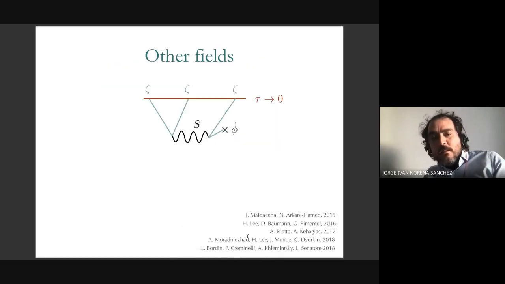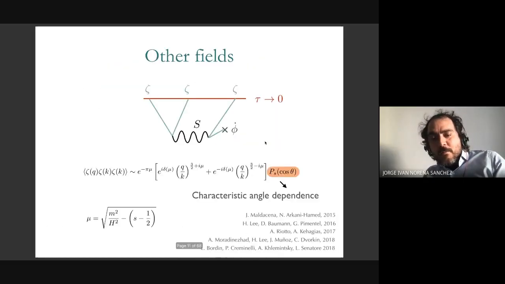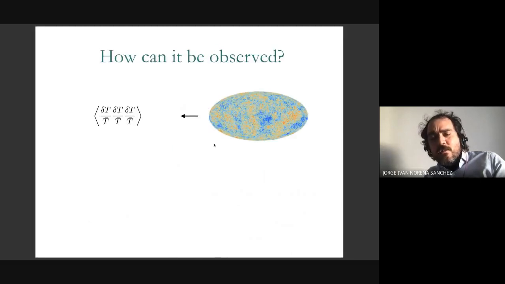And more recently, other people have studied spins with higher fields, and it seems also in the squeeze limit there is a characteristic angle dependence between the momentum going to zero and the other momenta that depends on the spin of these additional fields. So you can have even more information about this new physics. And so can this be observed?